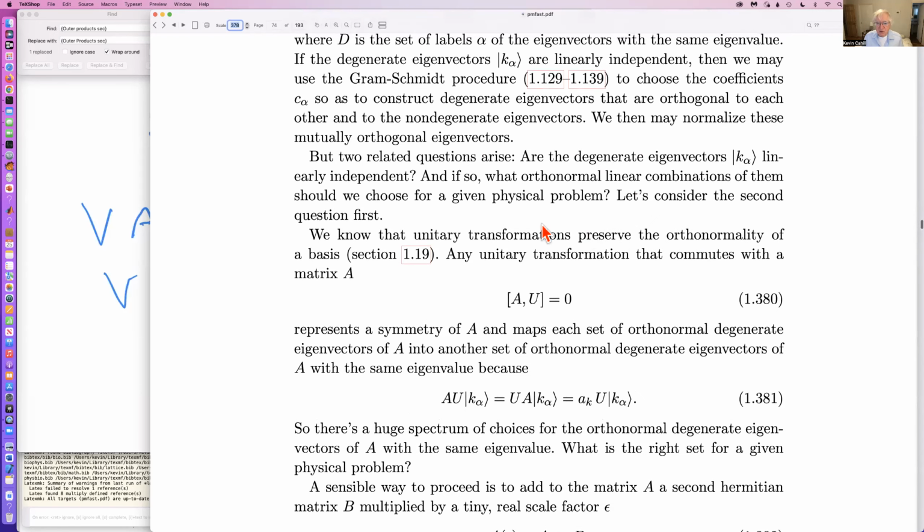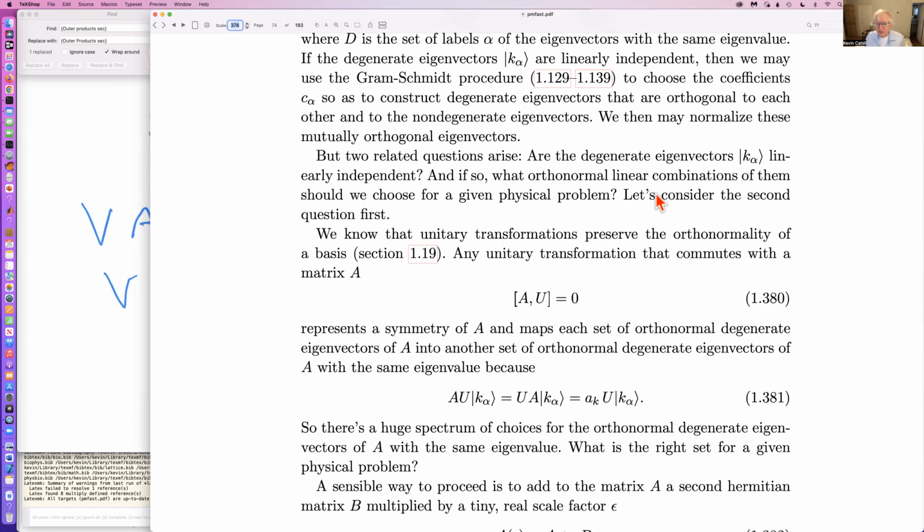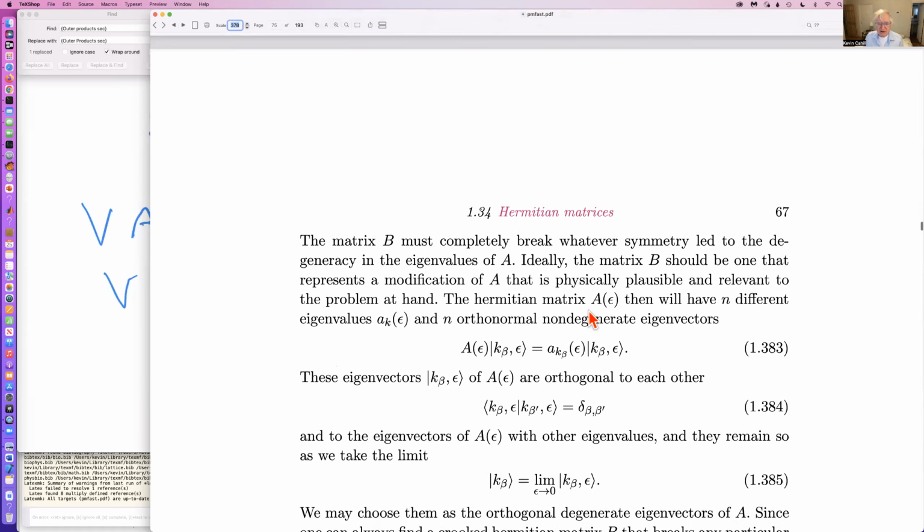Then the question is, what orthonormal linear combination should you choose? And the answer is you should choose ones that make some physical sense. And are they all linearly independent?